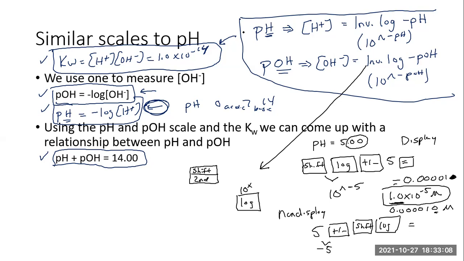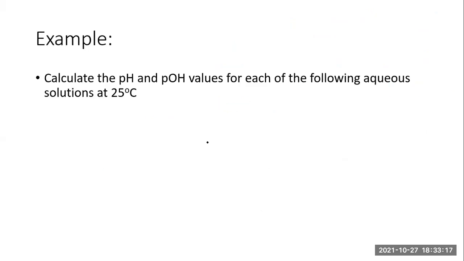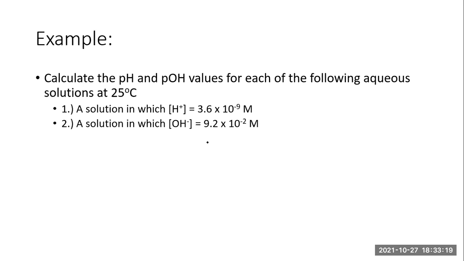All right, then let's do some practice here of these guys and see what we come up with here. I think we got one example coming. All right, a couple of different examples here. For the first one, let's calculate the pH. Let's calculate the pOH.